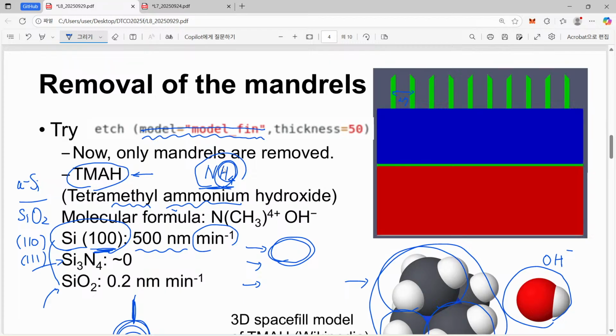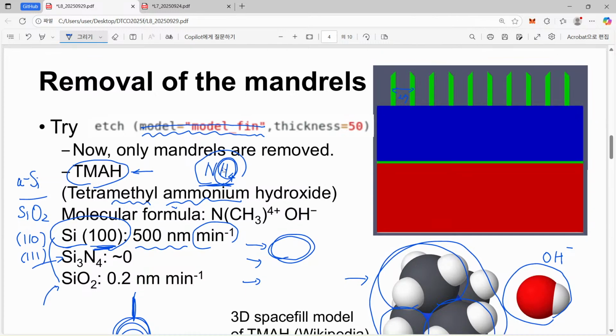However, behind the scenes, we always have a practical way of etching these representative materials selectively. So this is just one example of selectively etching only silicon and keeping our dielectric materials. Okay, do you have any question about this one?